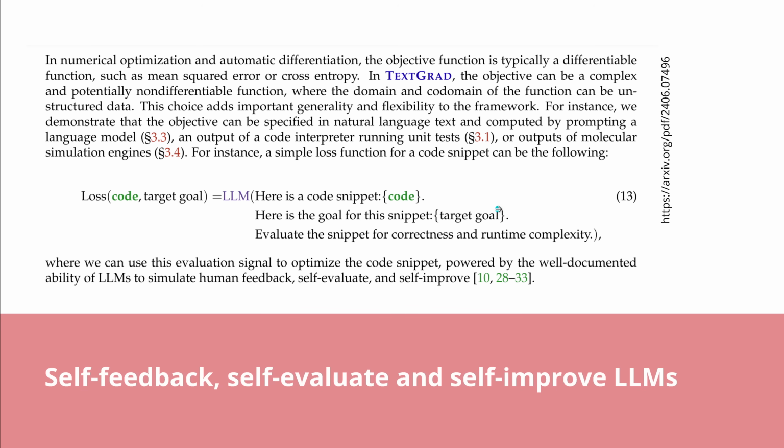Whatever you want to achieve, faster, shorter, use another library, whatever. And then you evaluate the snippet for the correctness and the runtime complexity, for example. And then the authors from Stanford specify where we can use this evaluation signal to optimize the code snippet, powered by the well-documented ability of LLMs to simulate human feedback, the ability of LLMs to self-evaluate, and the ability of LLMs to self-improve.